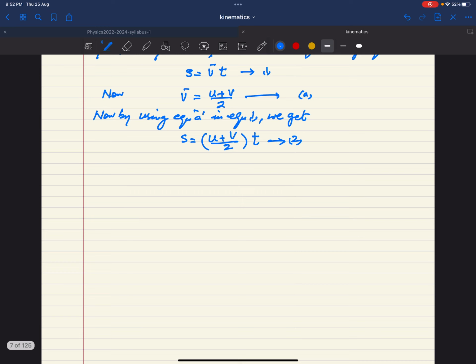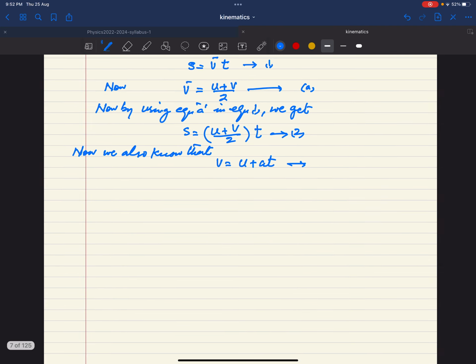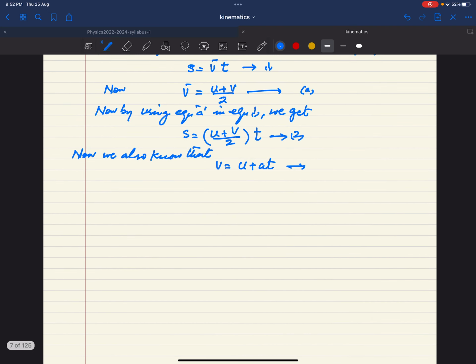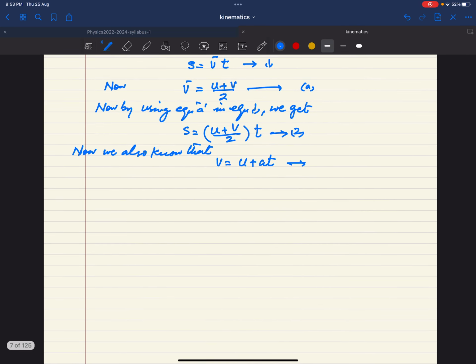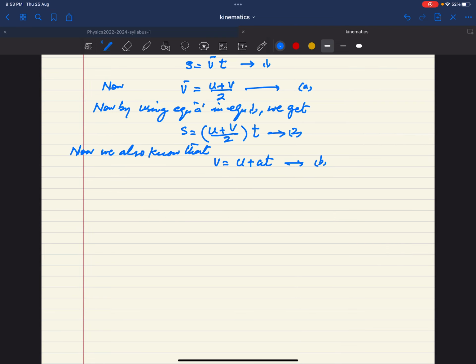Now we also know that v is equal to u plus at. We have just derived this equation, which is the first equation of motion. According to the first equation of motion, v is equal to u plus at. Here I am taking this for reference b.